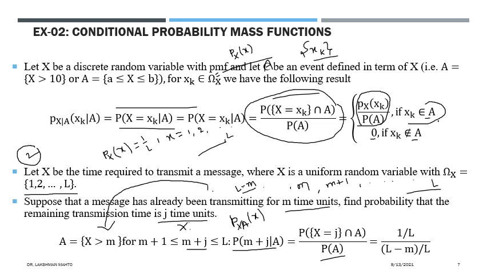In that case, the prior or marginal distribution is uniform, 1 by L, divided by how many times A is happening, greater than m, that is L minus m. So L minus m divided by L will come. If you simplify, the answer would be 1 by L minus m. This is the conditional probability mass function for this event.